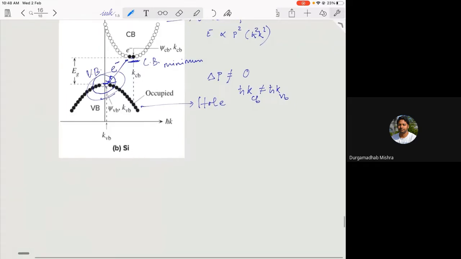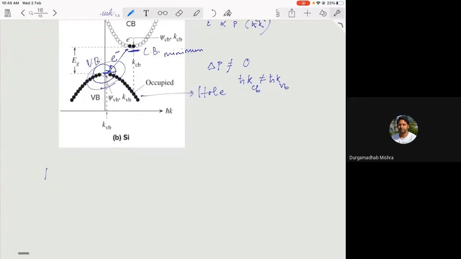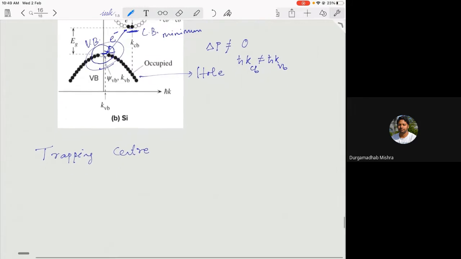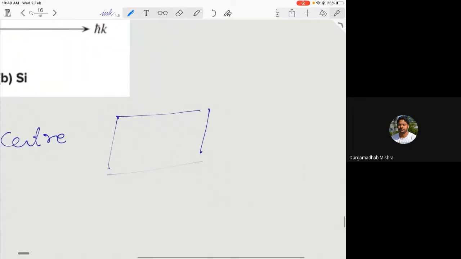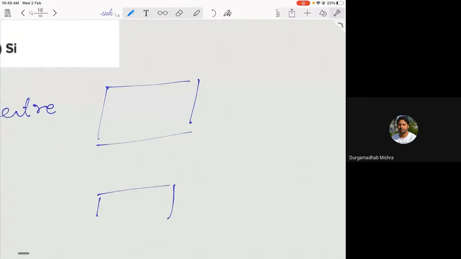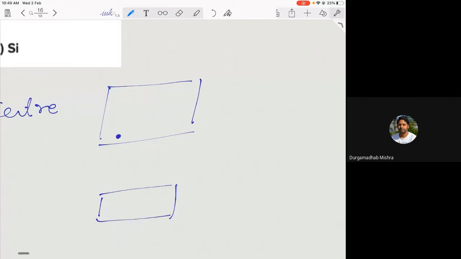And how is it happening? You need a third body which will help in this conservation process. And what is that? You have something known as a trapping center in the material. Again, we represent it in a schematic way. You have the conduction band and the valence band. Now this is an indirect band gap material, so the electron cannot jump directly to the valence band.